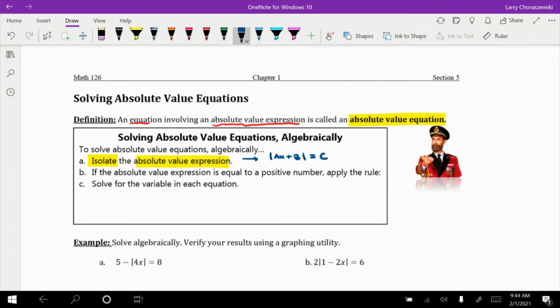Now it says if the absolute value expression is equal to a positive number, then what we do is we apply a rule. So let's assume that this number on the right-hand side is positive. And if that's the case, then we get to break this equation up into two equations.